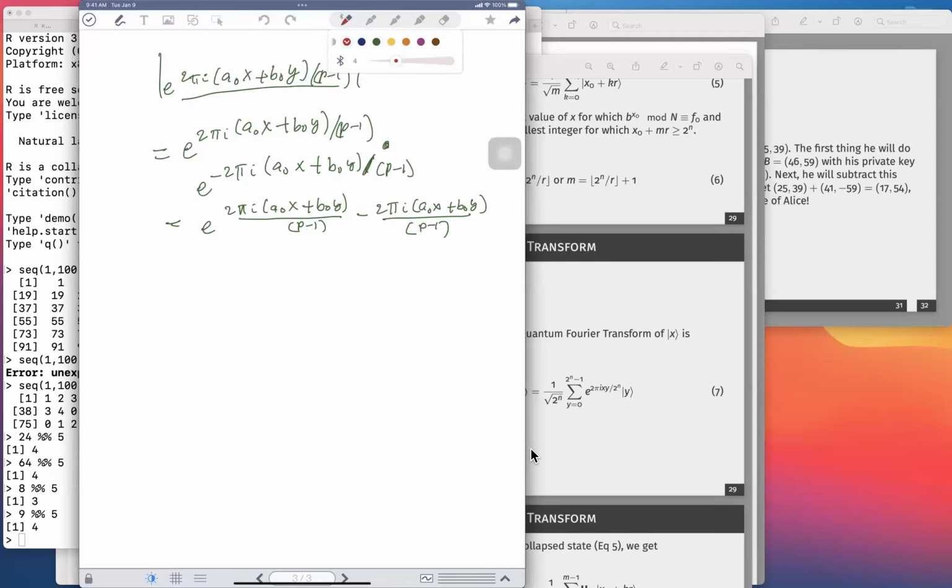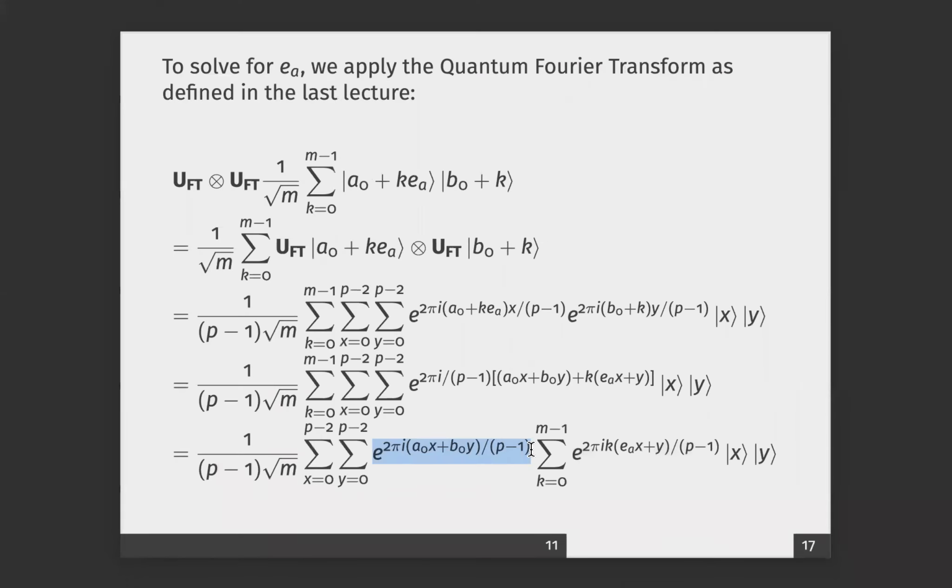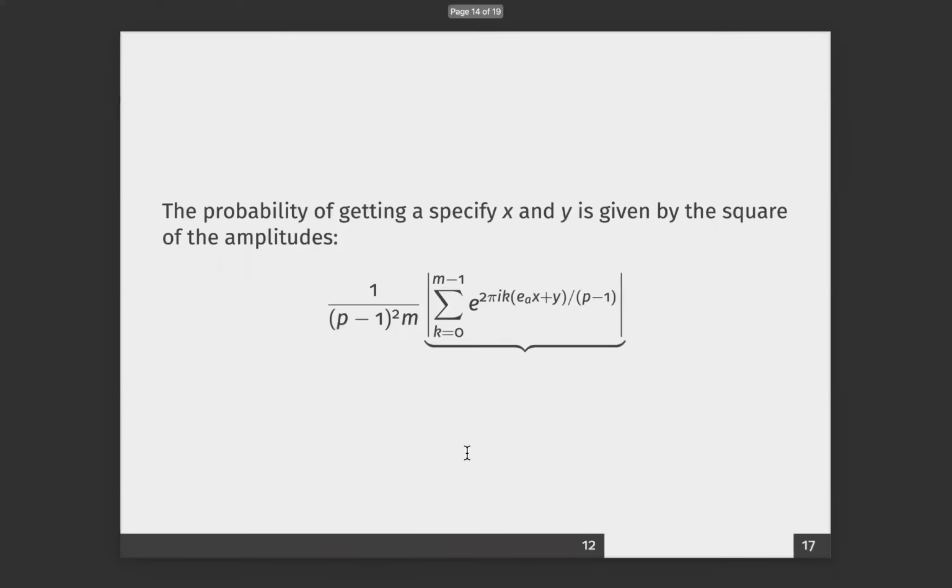Since they are the same, they cancel out, which gives you e to the 0, which gives you 1. So that's the reason why this term does not occur anymore in the square of the probability amplitudes, because it reduces to 1.